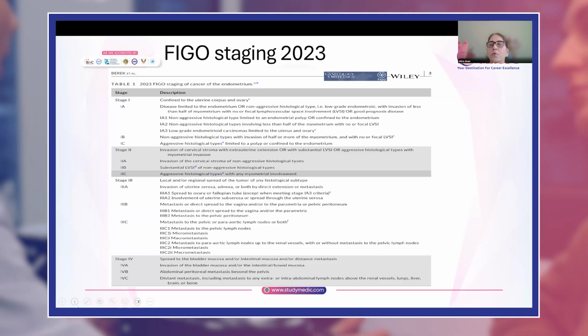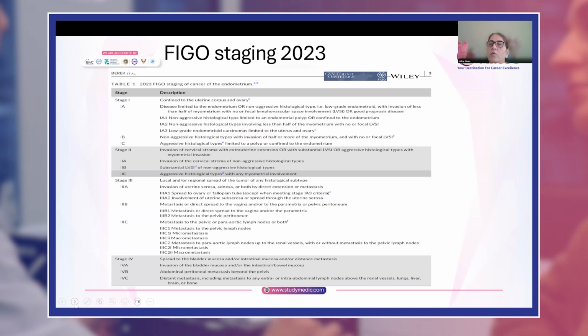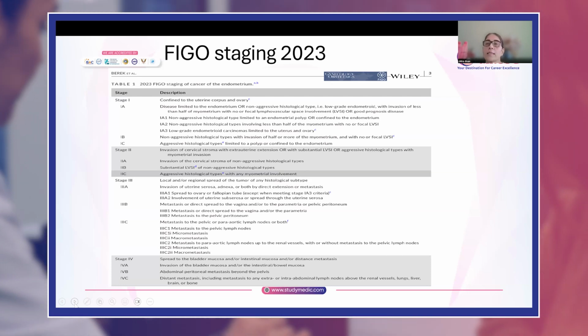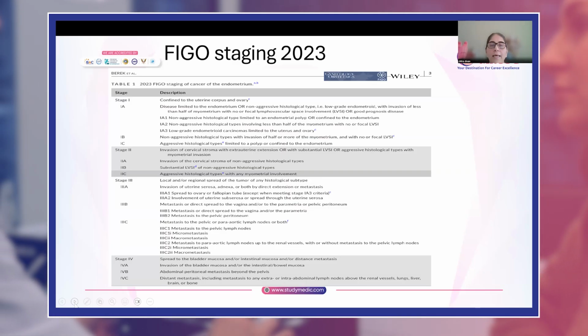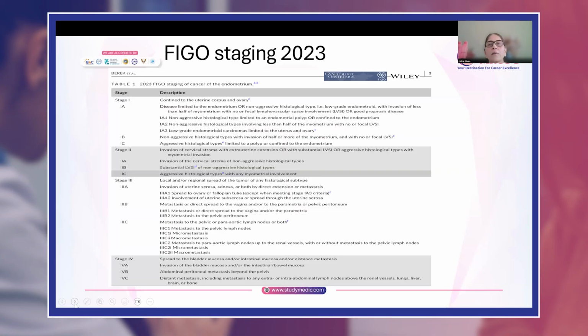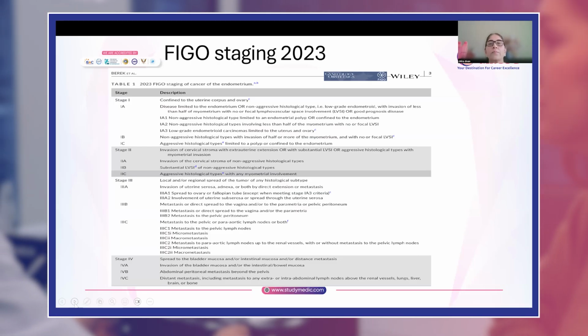The prognosis for that mutation is good. So 1A, we know, is endometrium or less than half of the myometrium, no focal LVSI, and good prognosis disease.